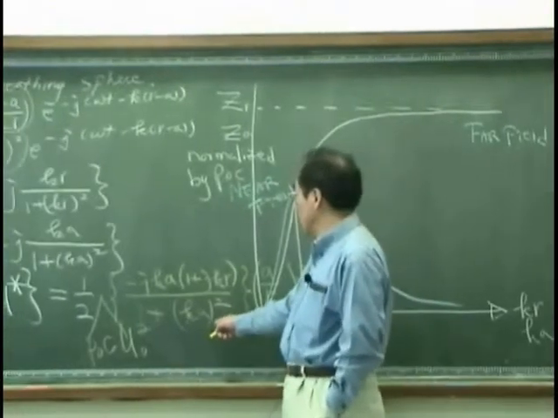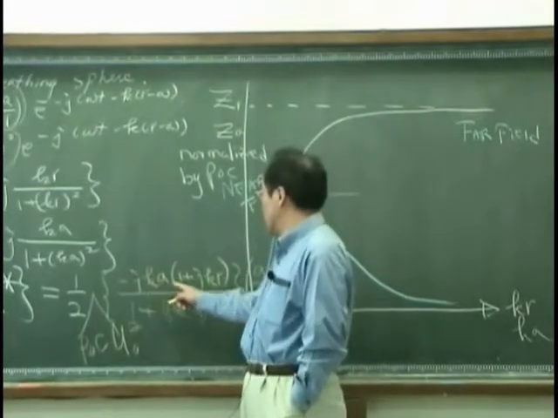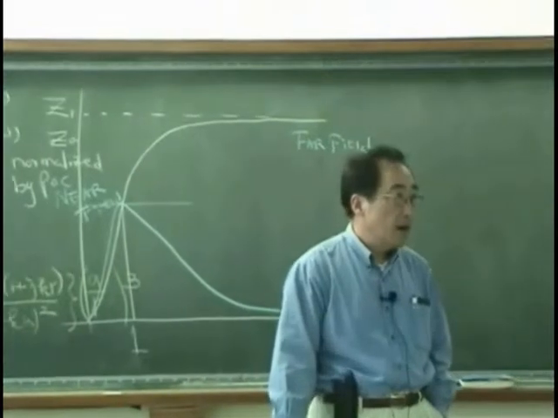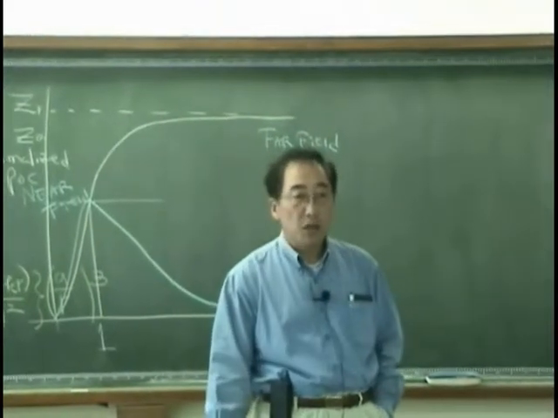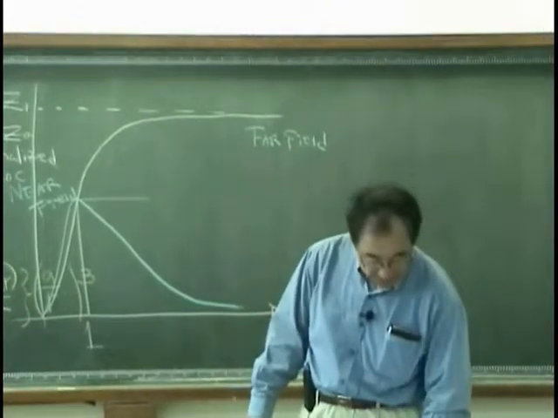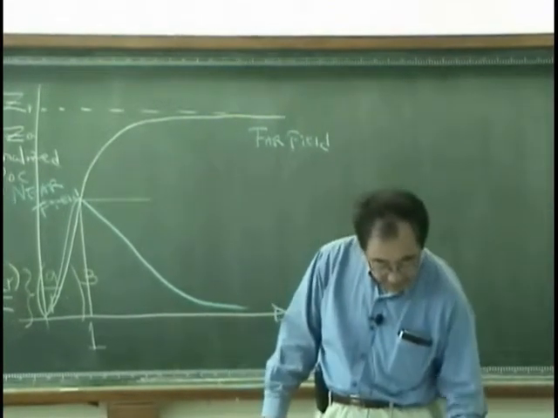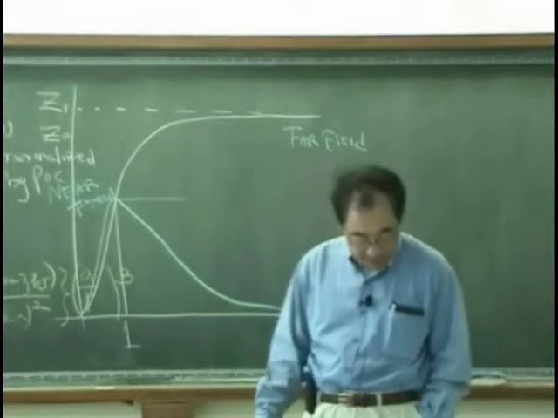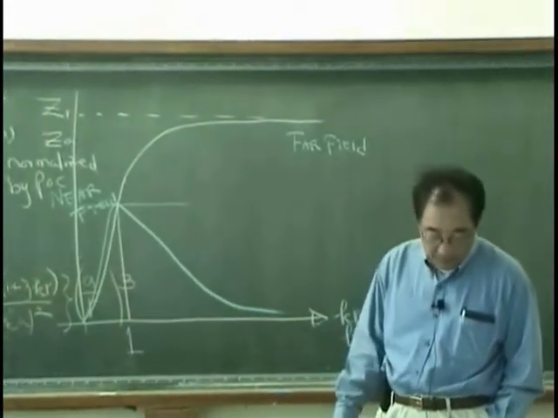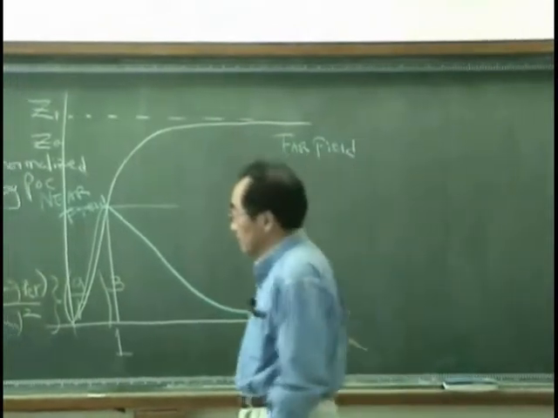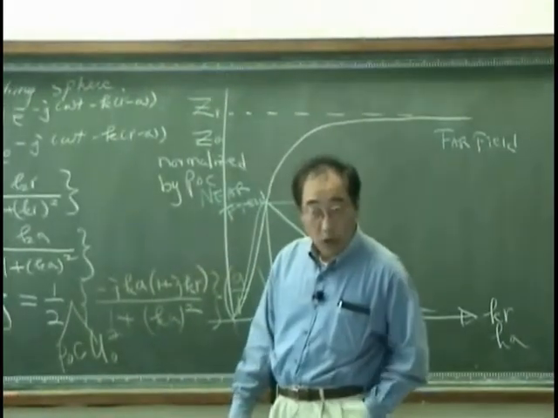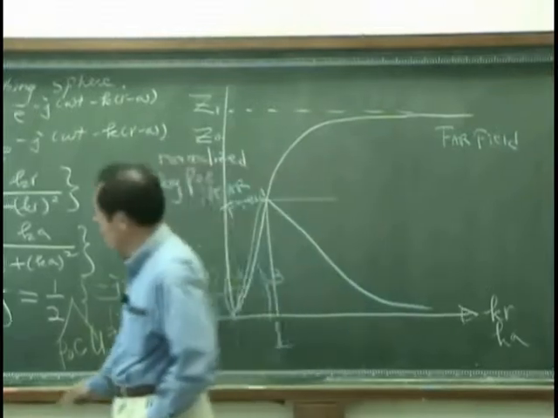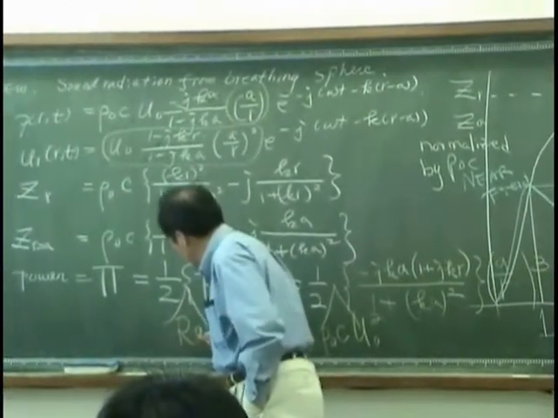And that gives me one component which is minus jka, and the other component is ka multiplied by kr. What does it mean by the imaginary part of a power? What does it mean by the imaginary part of power? We missed the real part over here, right?